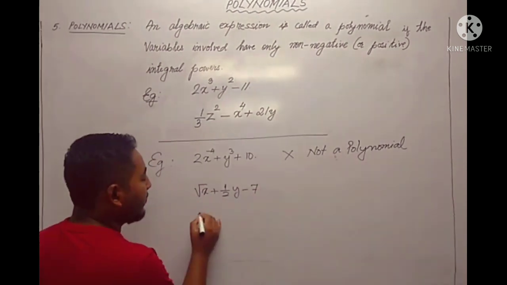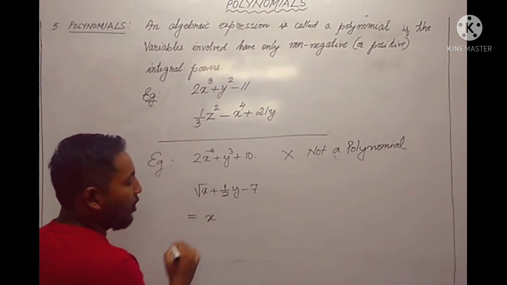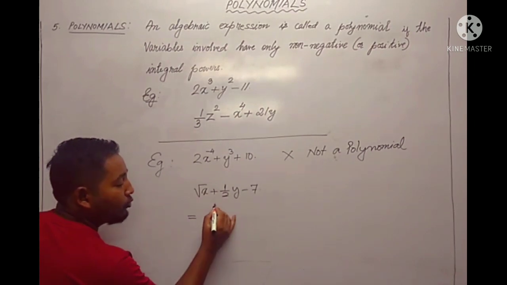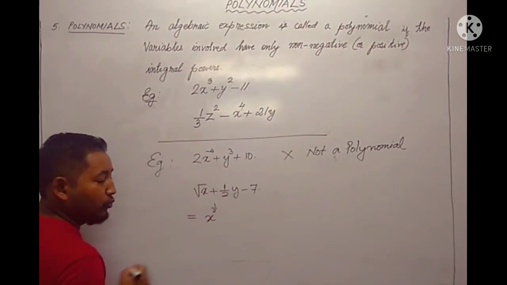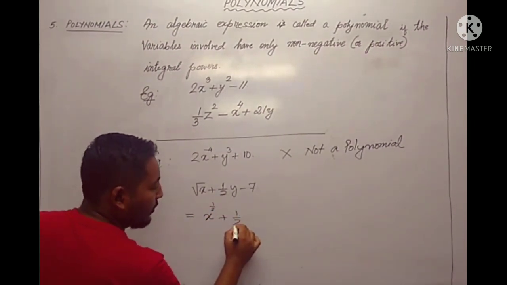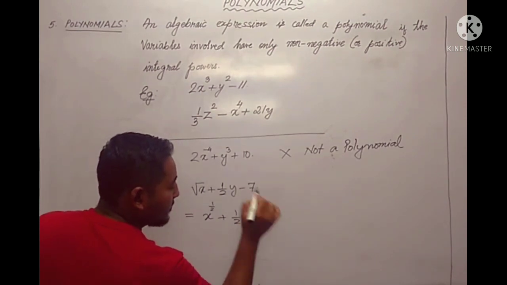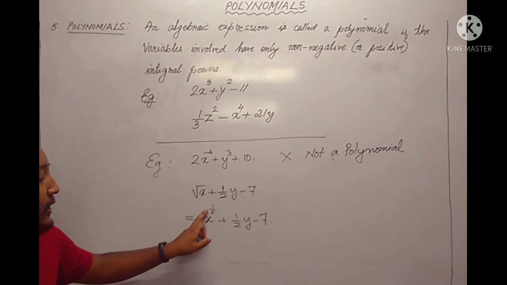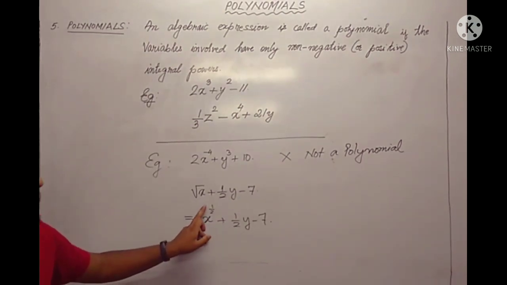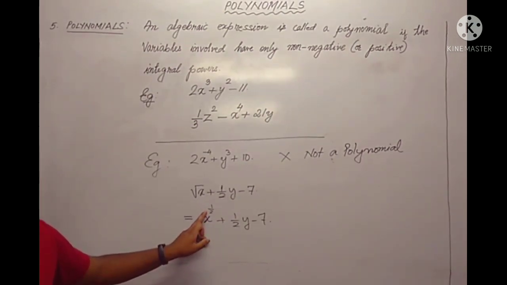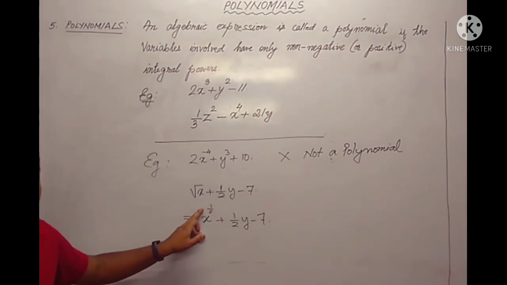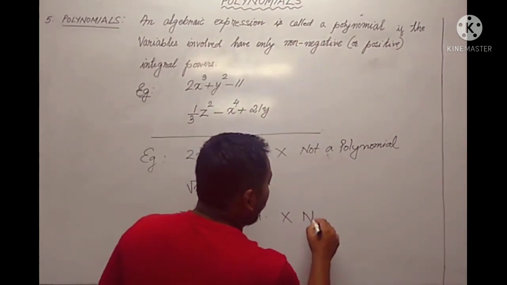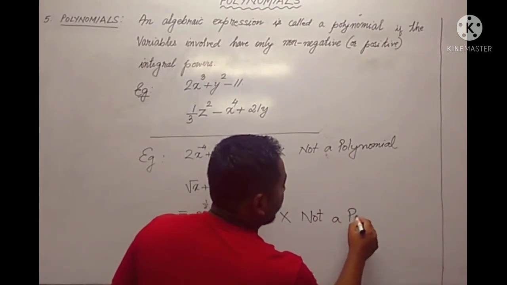This can be written in this way: x to the power 1 by 2 plus 1 by 2y minus 7. Now if you look at the power of x, it is a fraction, a rational number, not an integer. So this is also not a polynomial.